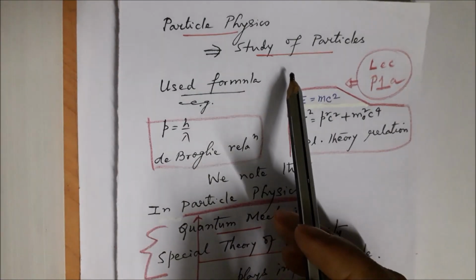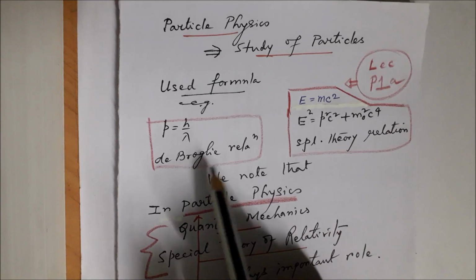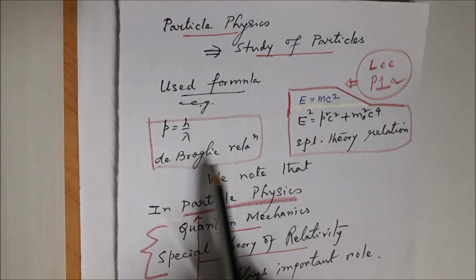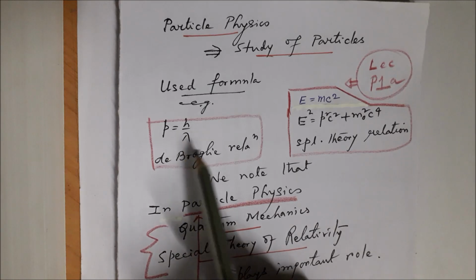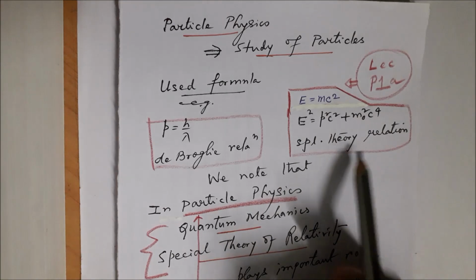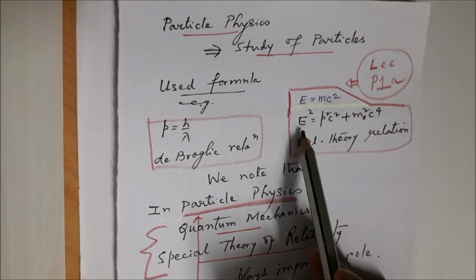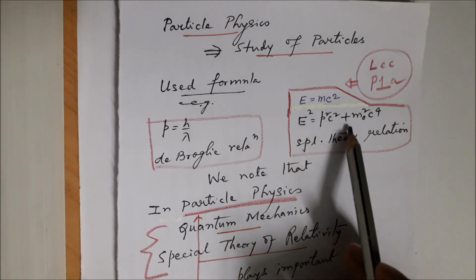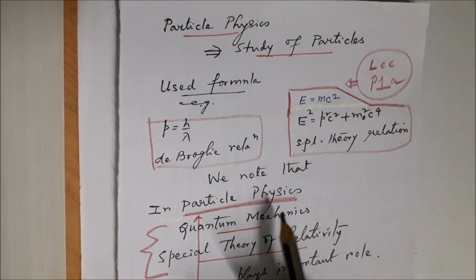In the previous lecture, we used certain formulae. For instance, the de Broglie relation was used, which is p equal to h by lambda, and some special theory of relativity relations, namely E equal to mc square, and this one, E square equal to p square c square plus m0 square c to the power 4, were used.